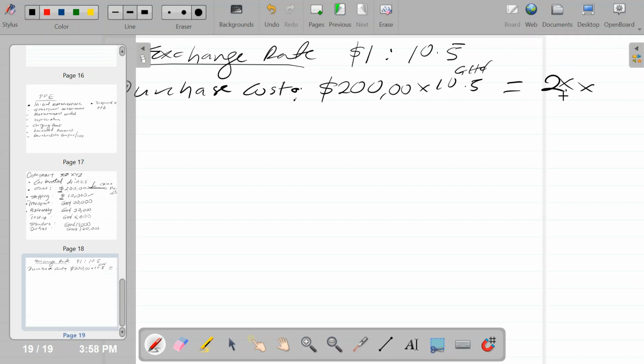No, that's not it. The zeros will be five. So 1, 2, 3, 4, 5. Okay, good. So that's 2.1 million.